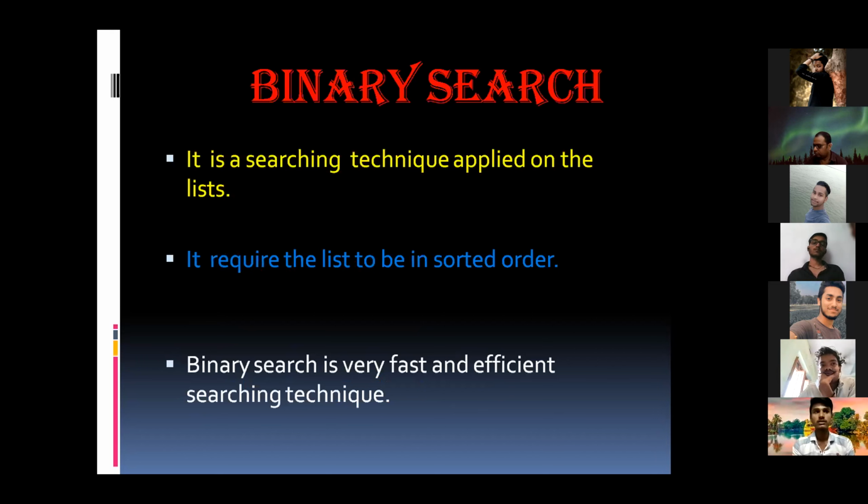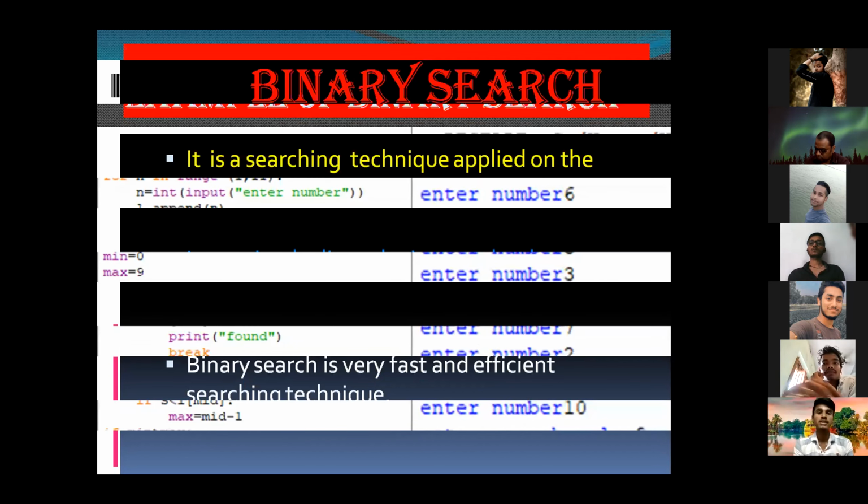If the search value matches the center element, then the searching is successful. Otherwise, if it does not match, then the list is divided into two halves. The first half goes from the 0th element to the middle element, and the second half from the middle element to the last element. Now here is an example of binary search.